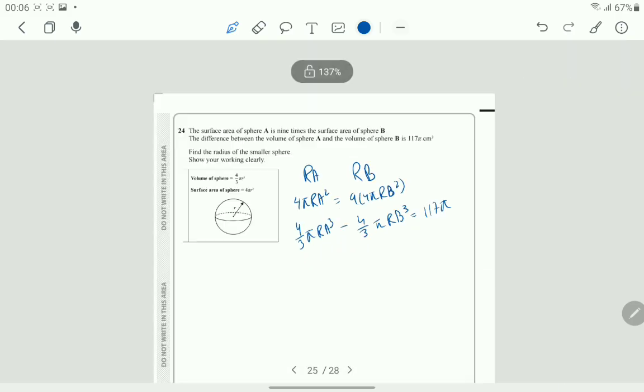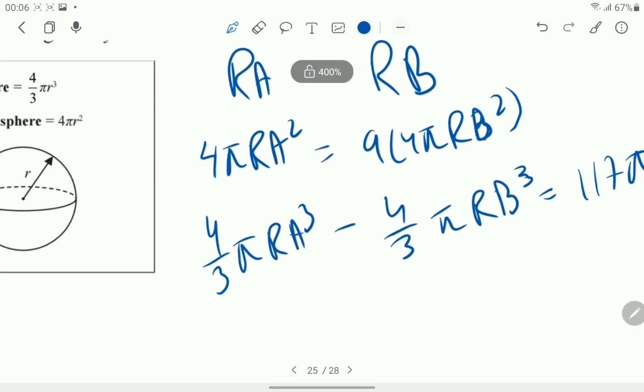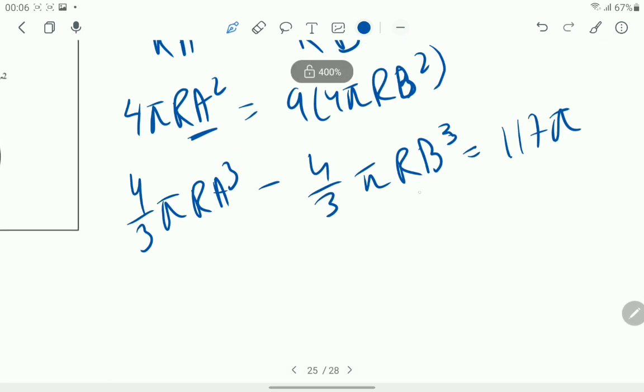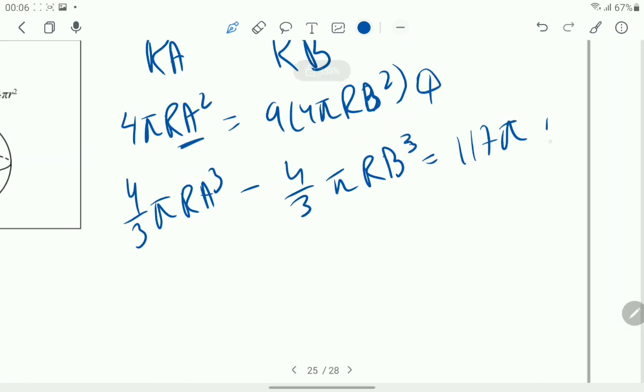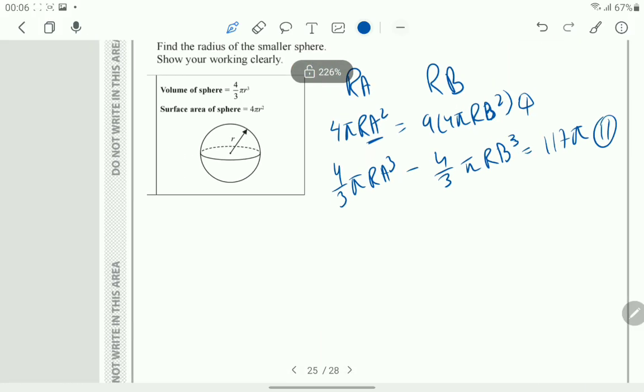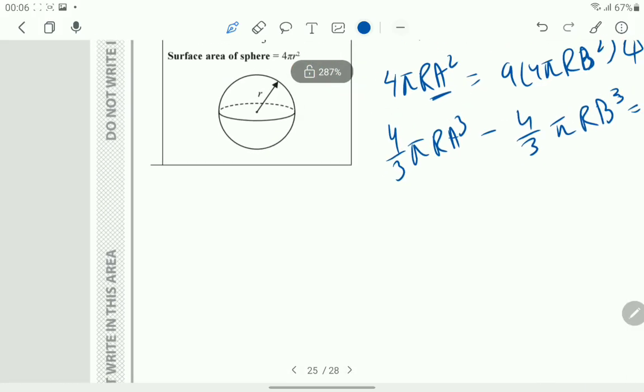117 pi. So first of all, let's make RA the subject in the first equation, so we can solve for RB in the second equation, which is this is first and this is second, and then we can find the radius of the smaller sphere, which is annotated by RB.